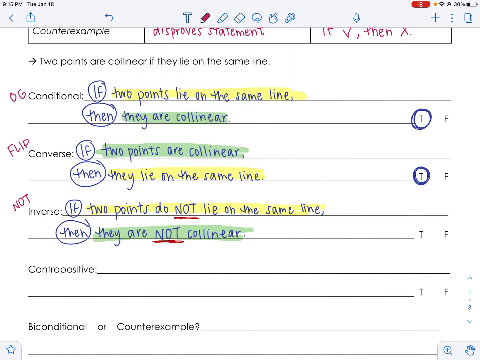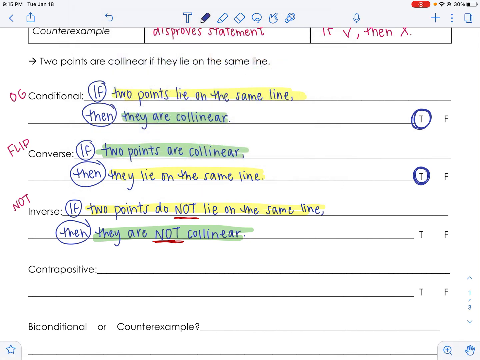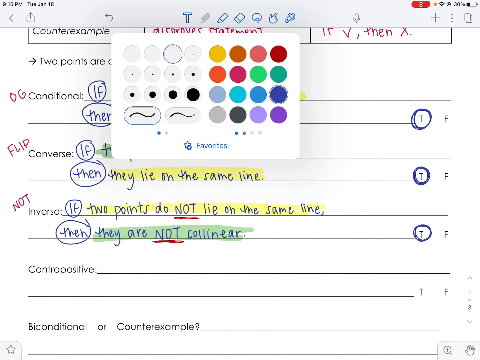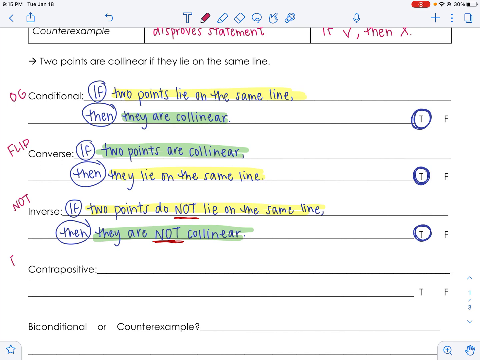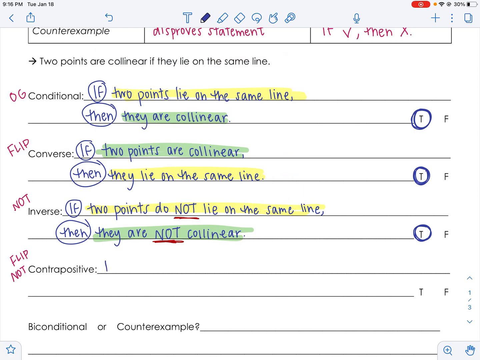Now, contrapositive is the long one. Oh, and if we go back one, is that true or is that false? If points don't lie on the same line, then are they collinear? No, they're not. If they're not on the same line, then they're not collinear, so that's true. Now, for contrapositive, that's where we flip it and we not it. So I think it's helpful to always keep that if-then. But now I'm going to flip these and not it.